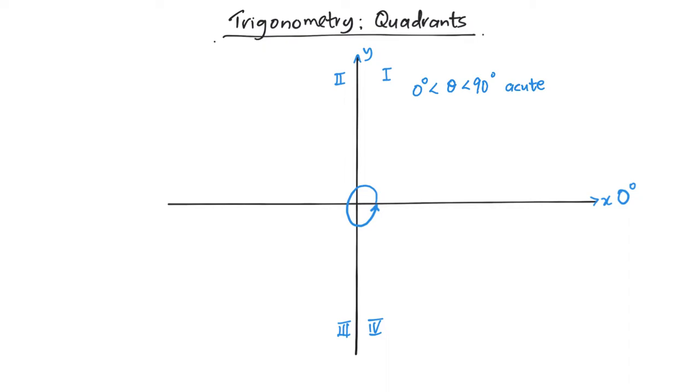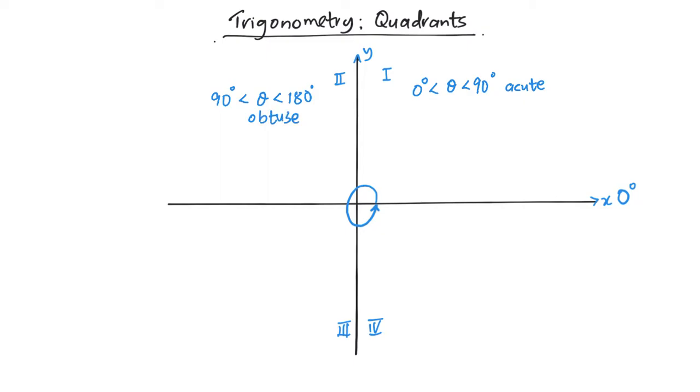And at the second quadrant, it continues. This is where the angle is less than 180 degrees, okay, and bigger than 90 degrees. Right? And it has a name. Remember? It is called an obtuse angle.